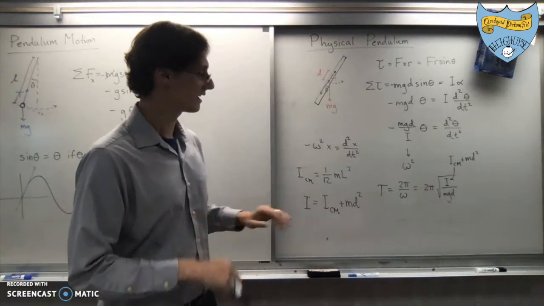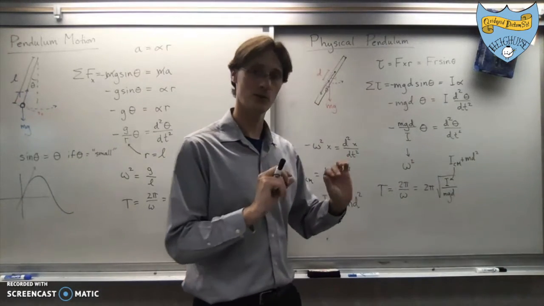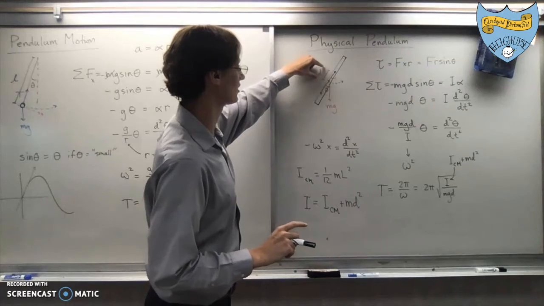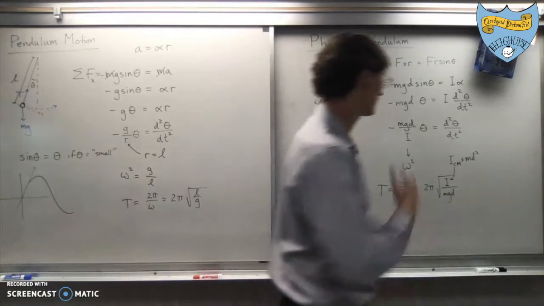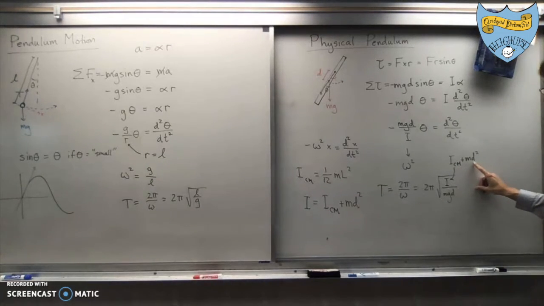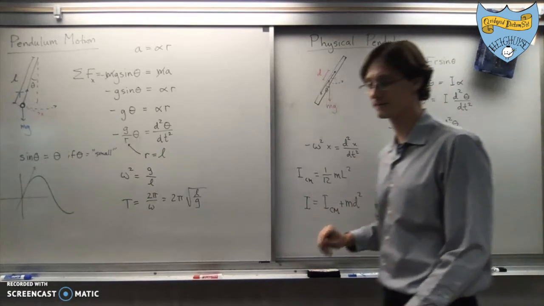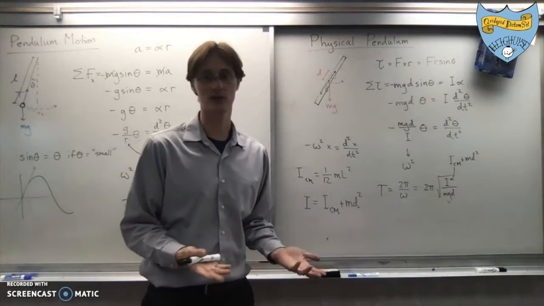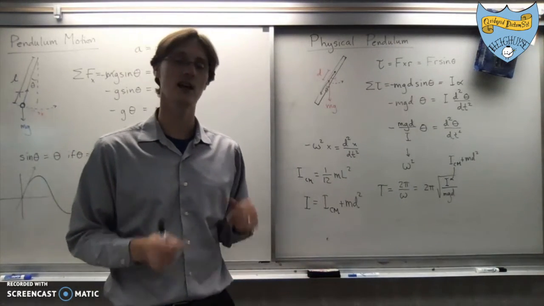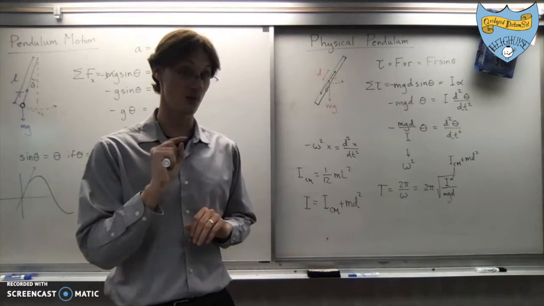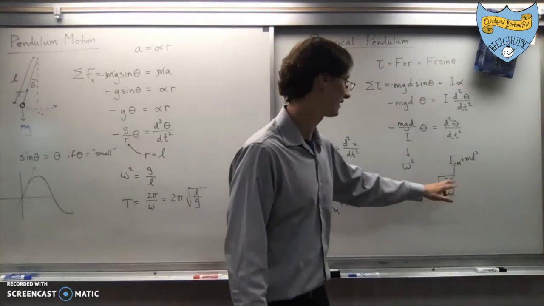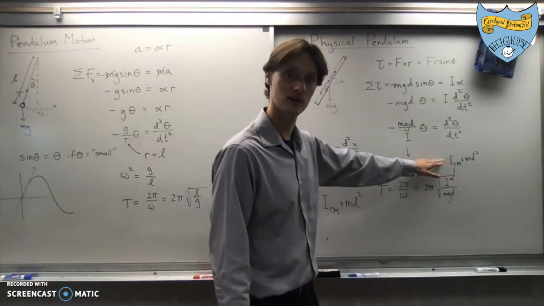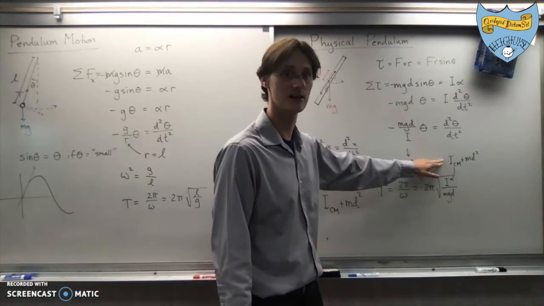All right, the other thing is the degree to which the period depends on this dimension d is a little bit ambiguous because you've got some constant plus md squared up here, but then d to the first power down there. The period has a complicated relationship with that distance d, okay? If d is really small, like a tiny little number down here, then md squared is negligible compared to this value right here.